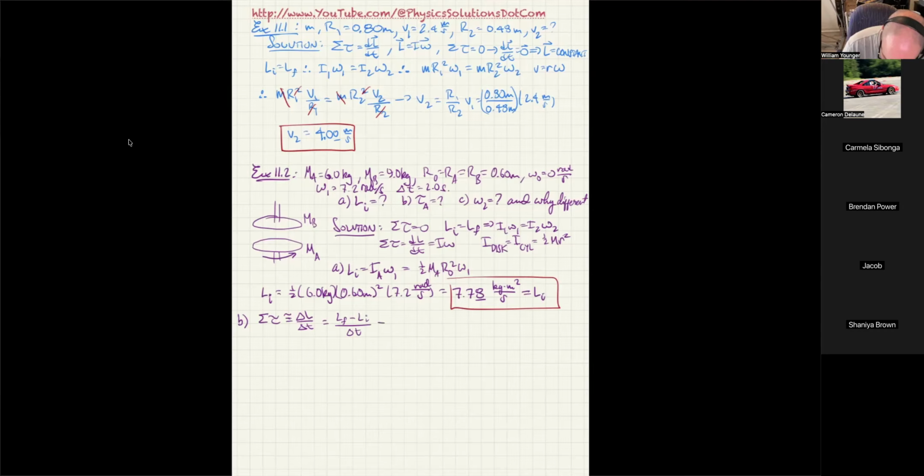So that makes this really easy, because now we can just use the figure we just calculated, which is 7.78 with one extra digit, kilograms meter squared per second, minus L initial, which would be zero, and then all of that divided by 2.0 seconds, because that's the time interval over which it was accelerated.